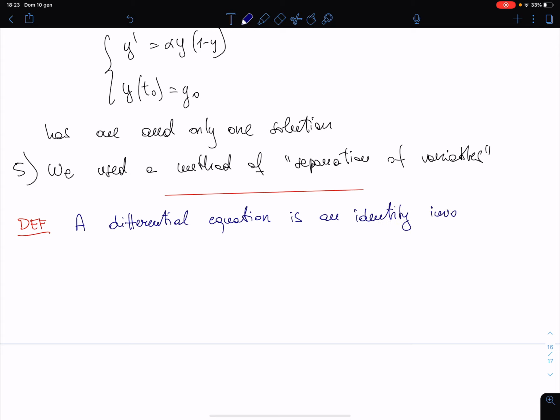Involving an unknown function y and a sum of its derivatives.